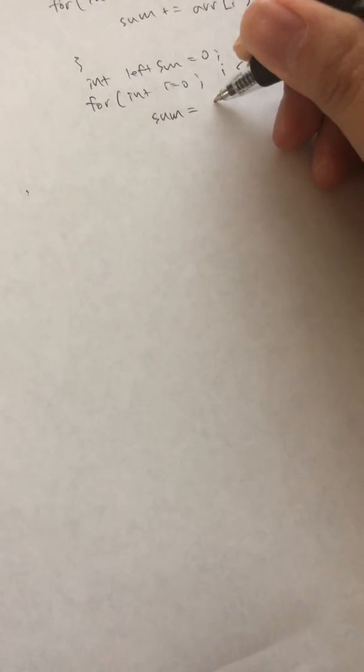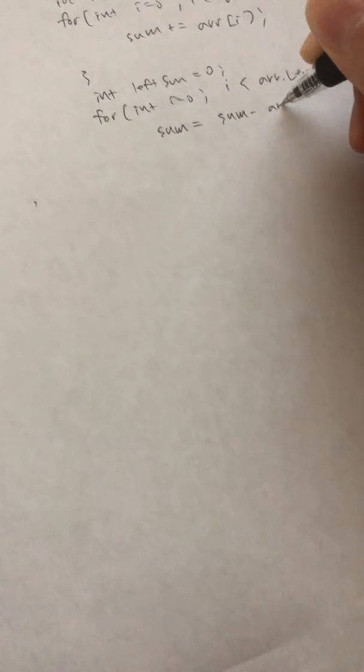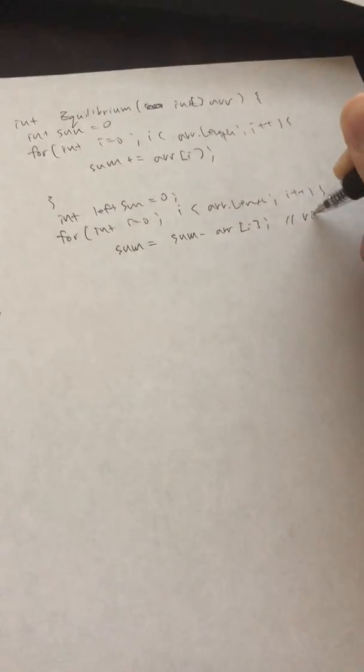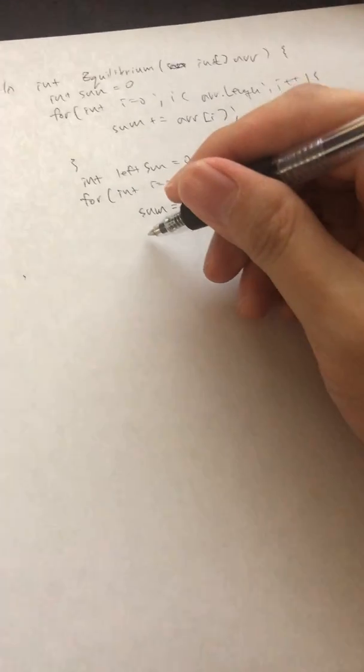So I'm going to have int leftSum as 0, because when you start, I don't have anything to the left of my equilibrium. So sum is sum minus r[i]. So now this is the right sum.